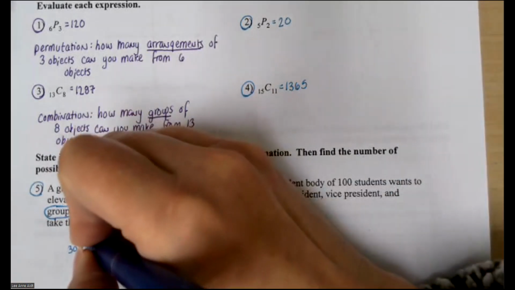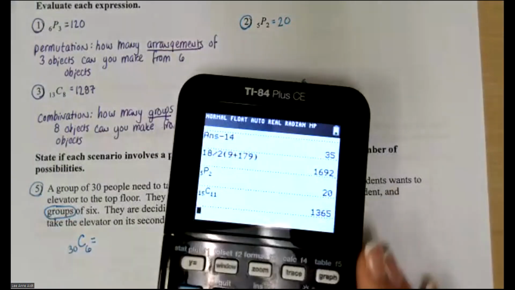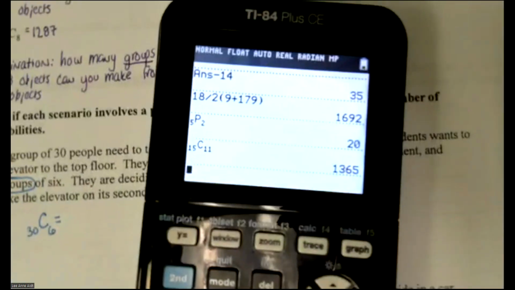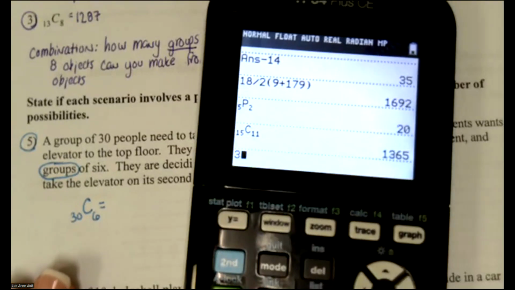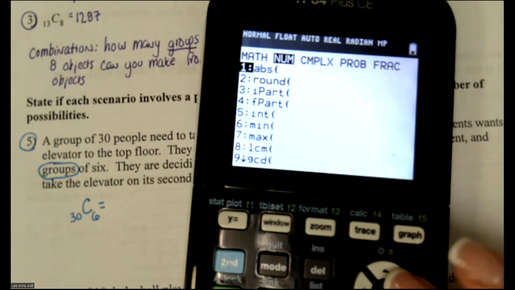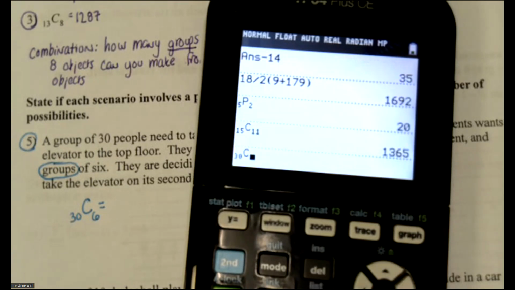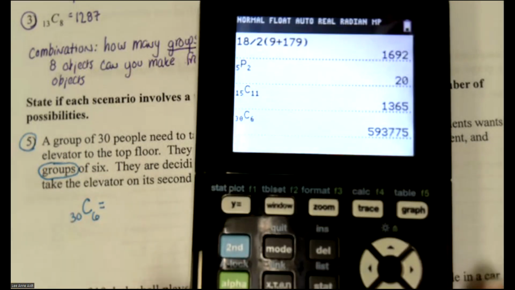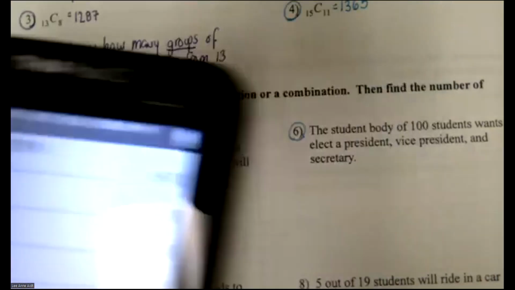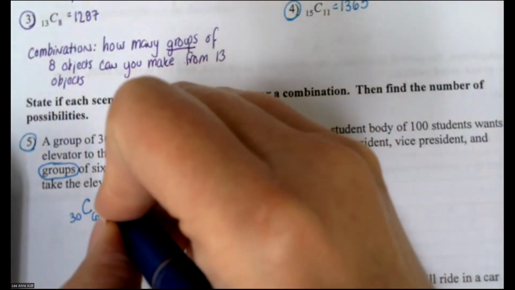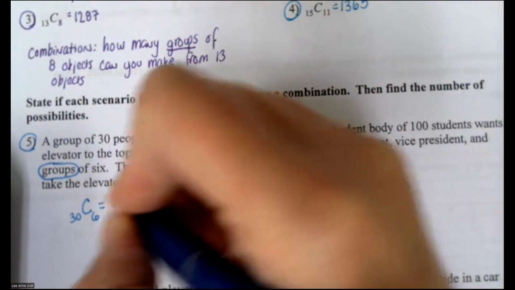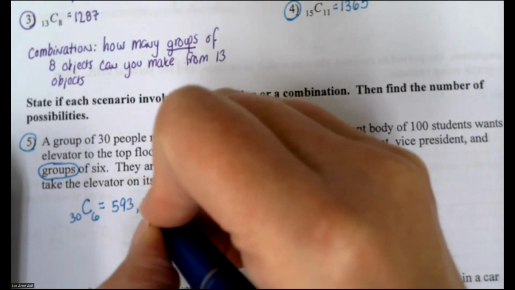So 30 combination 6. 30, math, probability, combination 6. Oh my, 593,775 different groups. Glad we don't have to make a tree diagram for that.